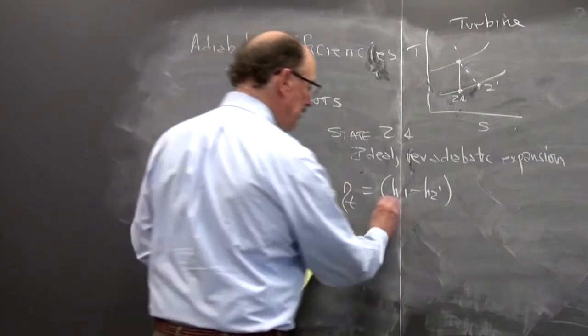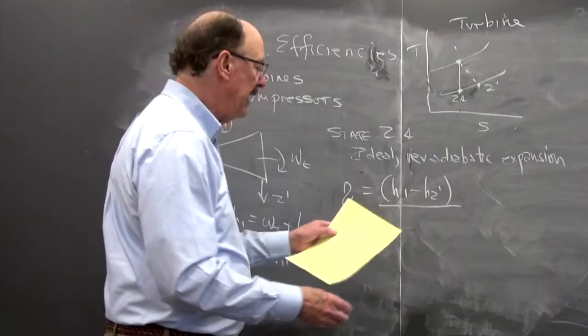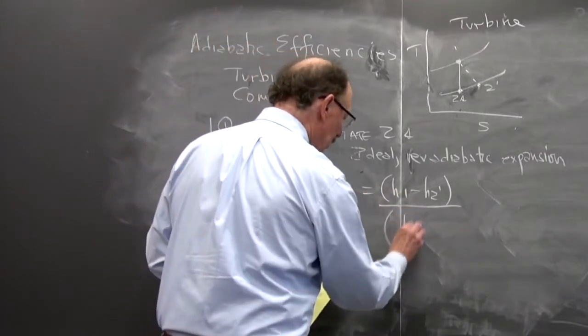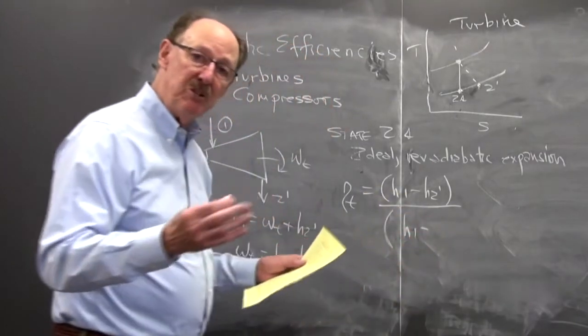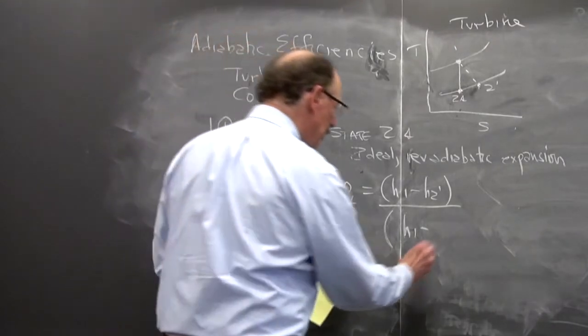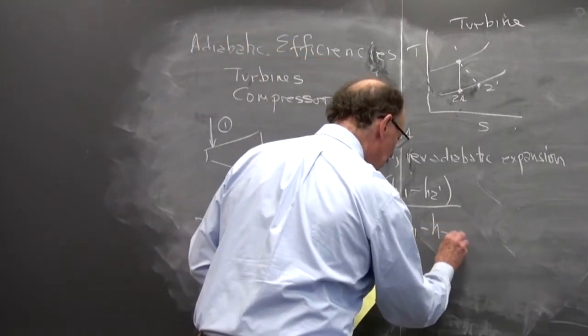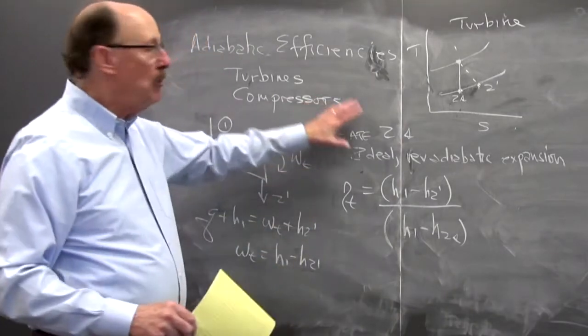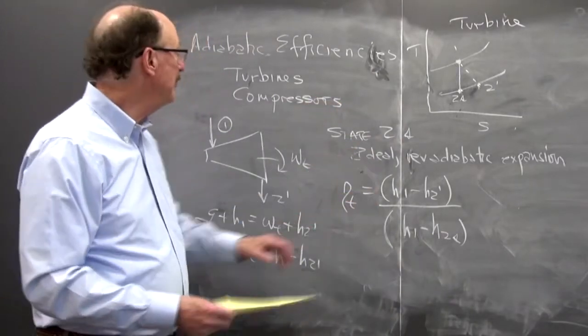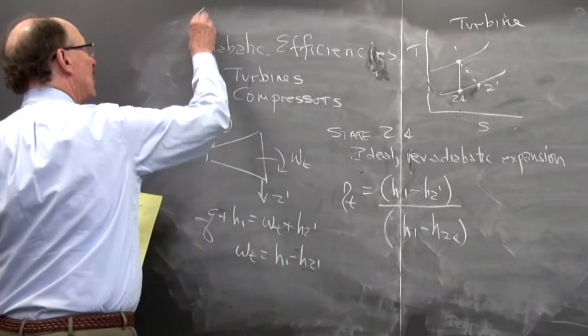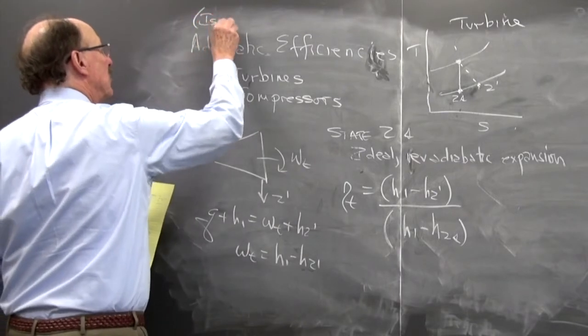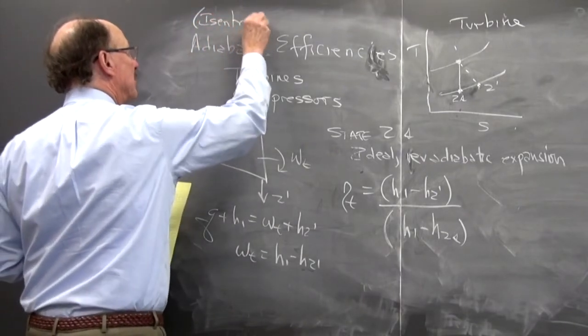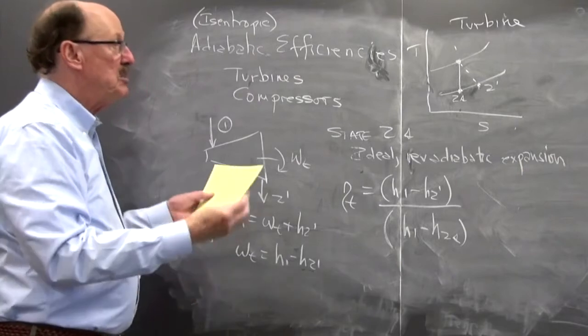So this is that, and then the work, it isn't work potential, but the best you could have done is had it be a reversible adiabatic expansion, H2S. So this is your adiabatic or isentropic efficiency. Sometimes they're called isentropic efficiencies, sometimes adiabatic efficiencies. And this is for a turbine.